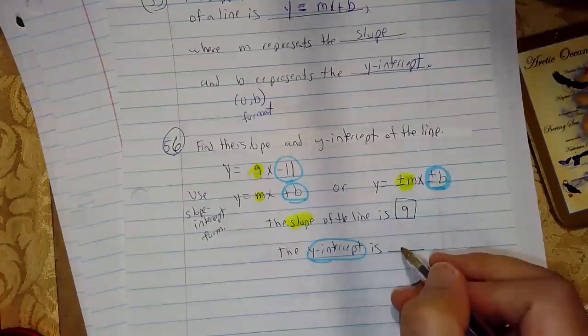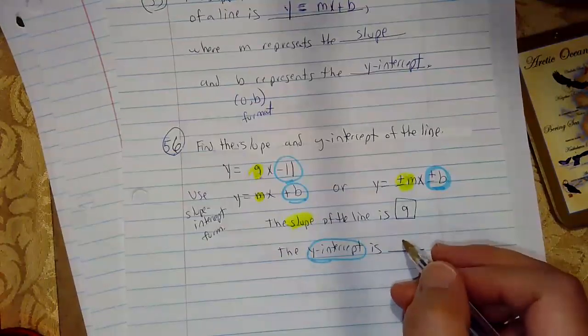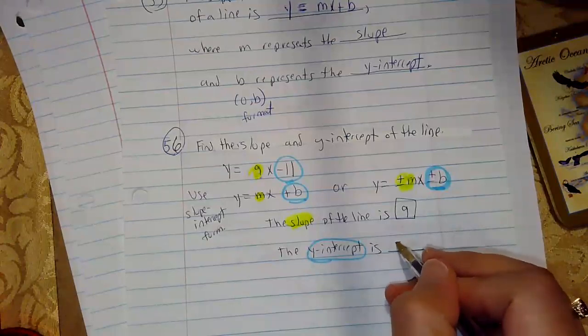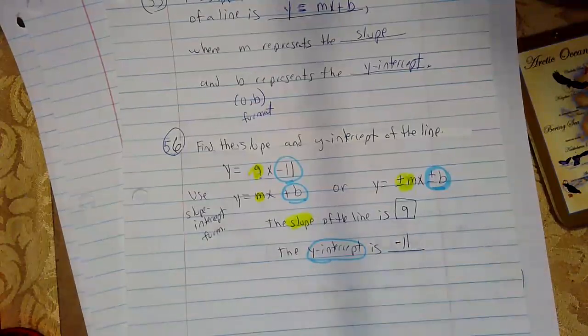So the y-intercept is going, and you're saying type an integer or fraction. So we're going to put negative 11 for that.